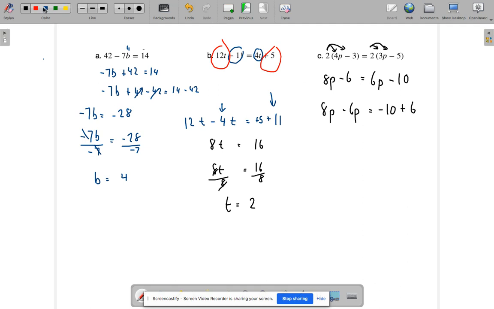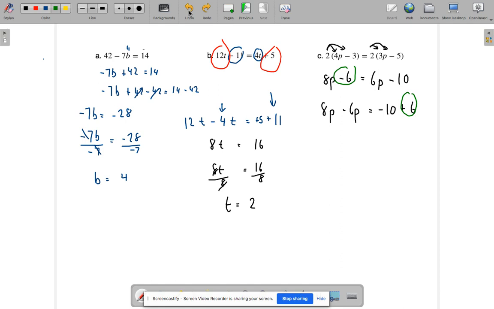So just highlighting again, this time in green pen, that negative 6 there has now become a positive 6. That negative 10 there stayed there, beg your pardon. And that positive 6p is going to swap over and become a negative 6p. So those two have swapped and they've changed their sign.